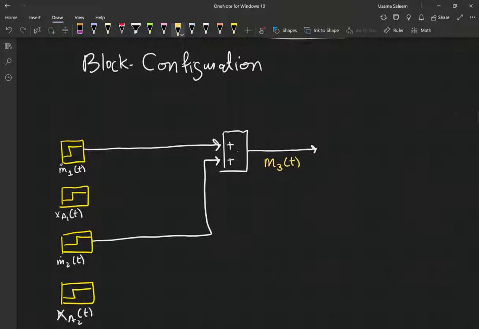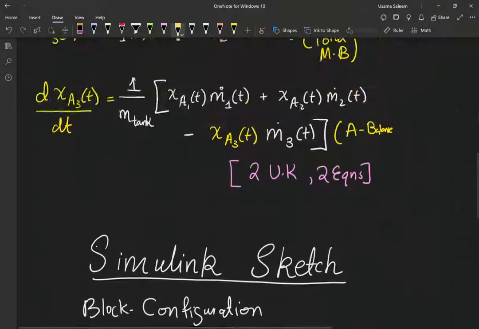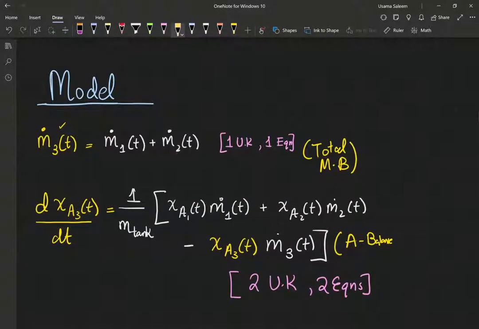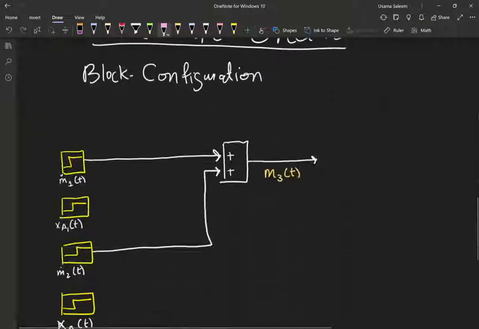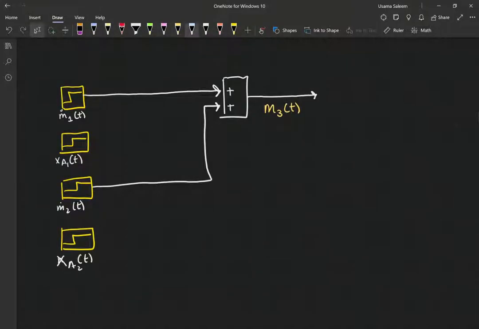Our next equation is going to be slightly more complicated. We have the product terms. As you can see, we have products of mass fractions and mass flow rates. So let's see what we can do. First off, for M1 and XA1, we need a product of these two. There we go.